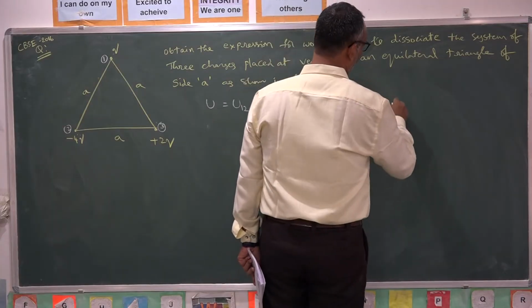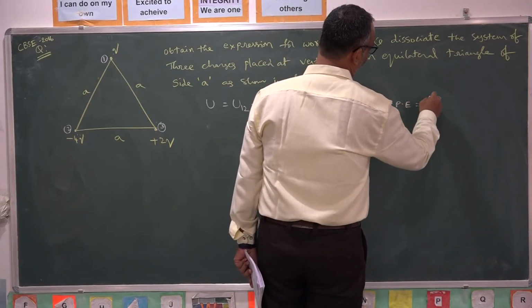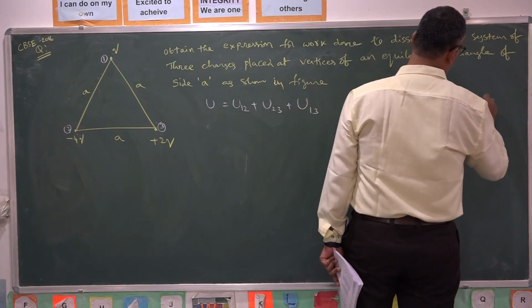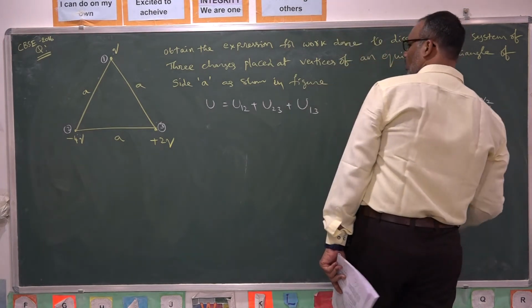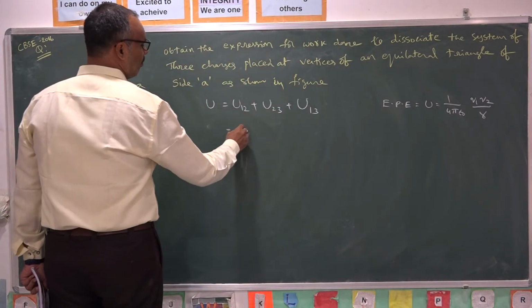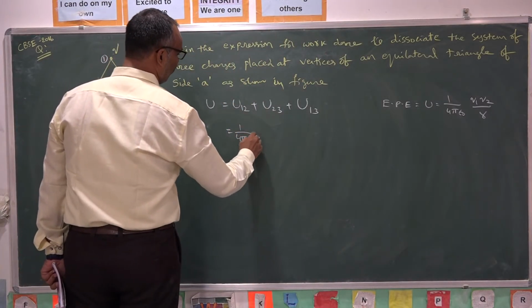Electrostatic potential energy, general formula is U is equal to 1 by 4 pi epsilon naught Q1 Q2 by R. Based on this formula, 1 by 4 pi epsilon naught is common everywhere.